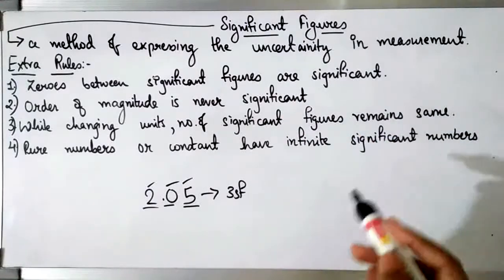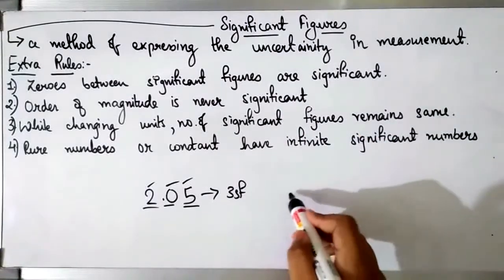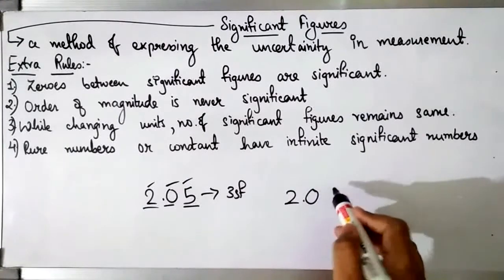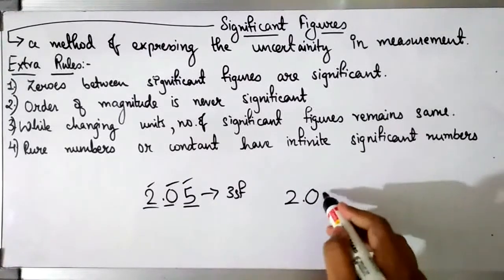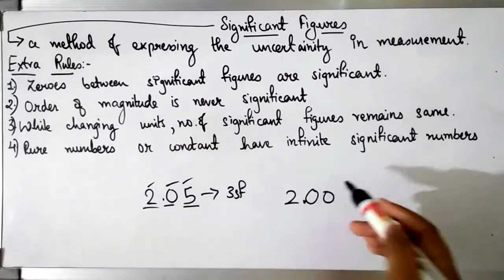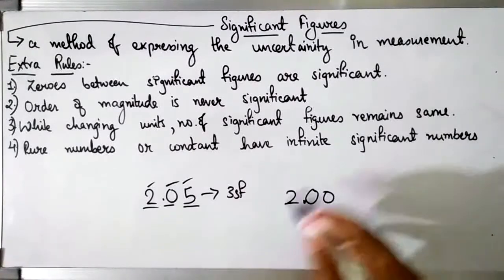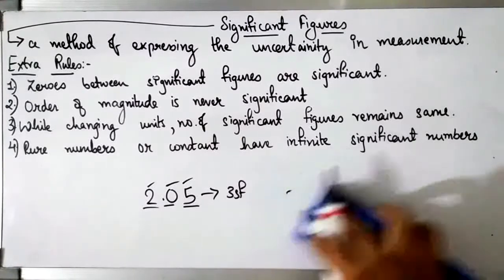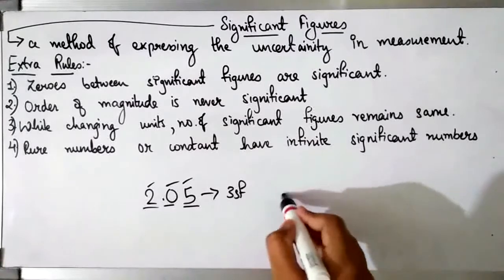Now I'll explain how it is done. For example, if you have something like 2.00, okay, so you have 2.00. Now if you have something like this, what happens is, okay, now let's take some other example instead of this.